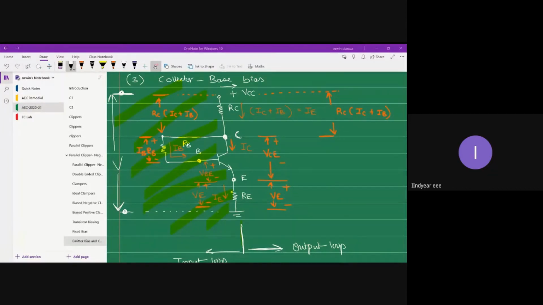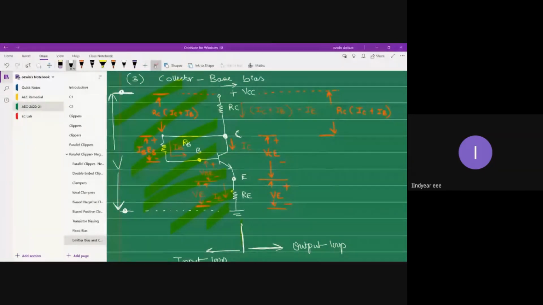IERC plus IBRB plus VE. Correct. That is equal to what, Rakesh? Because when you write KVL, LHS is equal to some RHS, no? So what is your RHS term? 0. Absolutely, that's what I wanted. That is VCC.